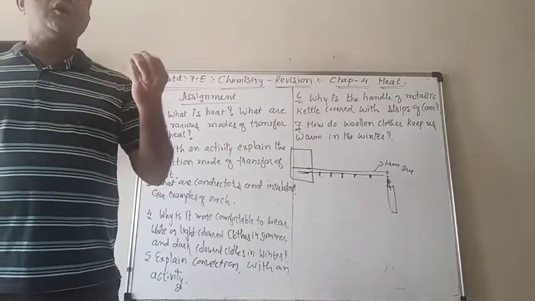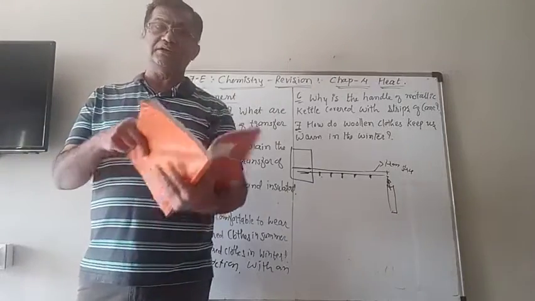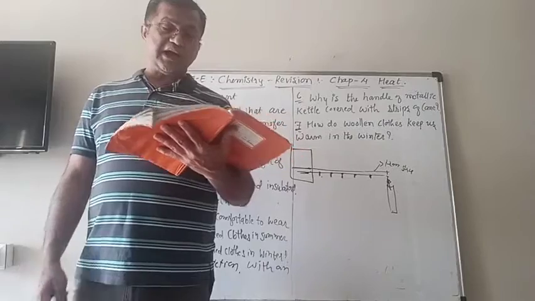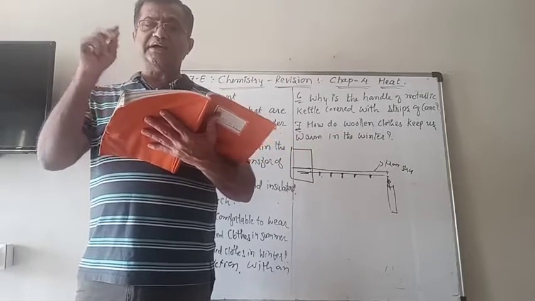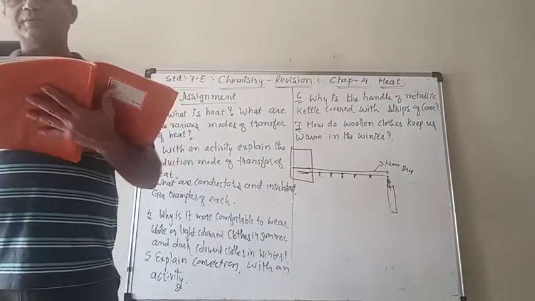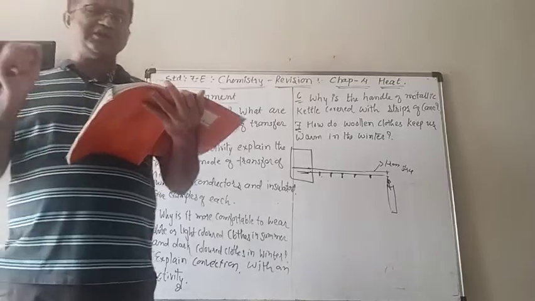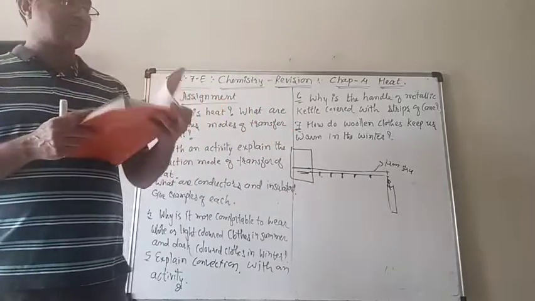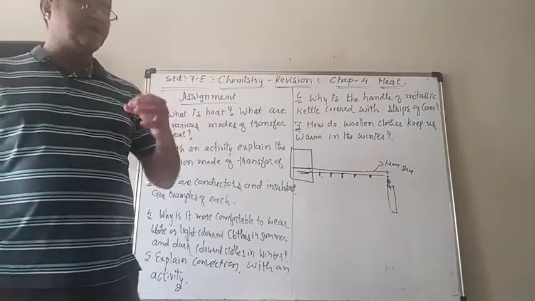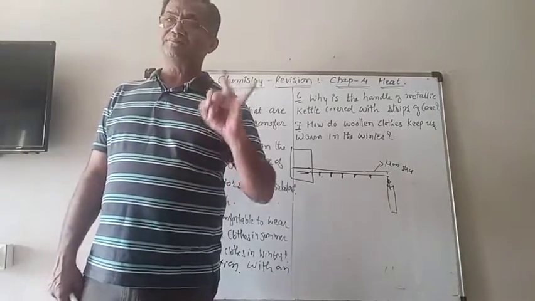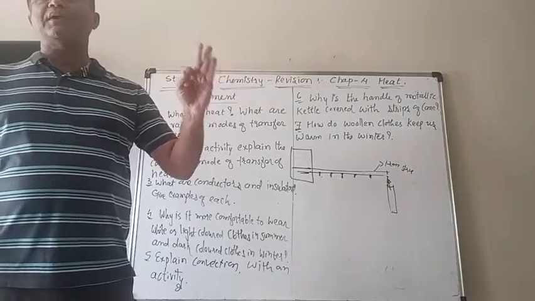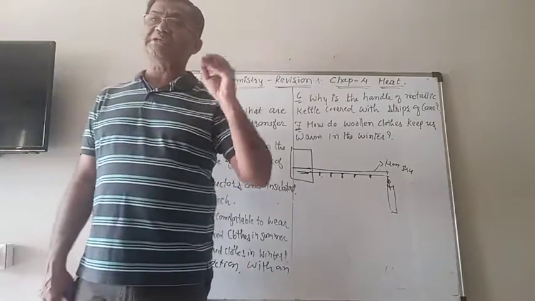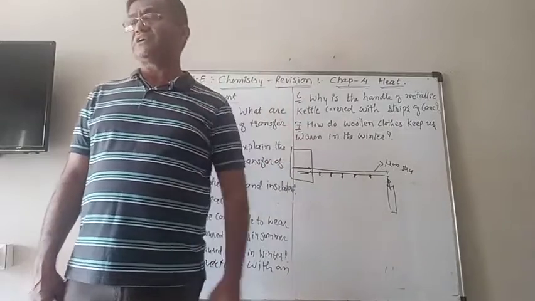For example, all the metals like iron, gold, silver, aluminium are good conductors of heat. So the materials which allow heat to pass through them easily are called conductors of heat. Examples are iron, aluminium, copper, etc. So mostly all the metals come in this category.